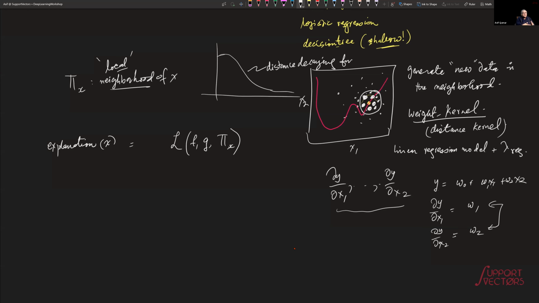Of course, for it to be a good explanation, it should closely match f, right? So for example, if you make a g that is like this, there is still a little bit of variance between f and g. And you're trying to build a model that mimics or locally has a very high fidelity to f.